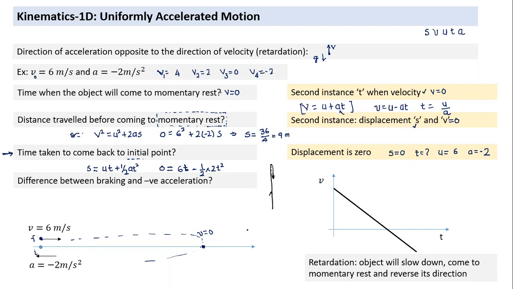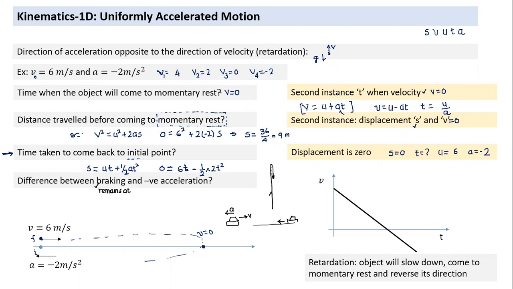But when we apply a brake to a car, suppose the car is traveling and you apply a brake. Applying brake means velocity is in one particular direction, acceleration in the opposite direction. It will keep slowing down and come to a stop. Will it start moving backwards after coming to a stop? So in case of braking, after velocity becomes 0, it remains at rest, not momentary rest.